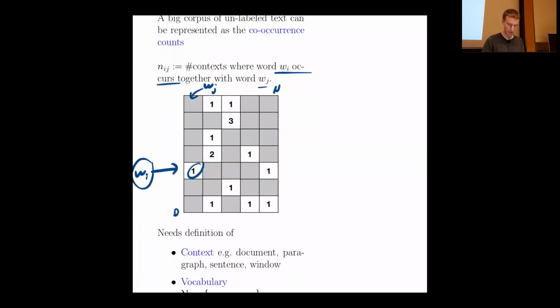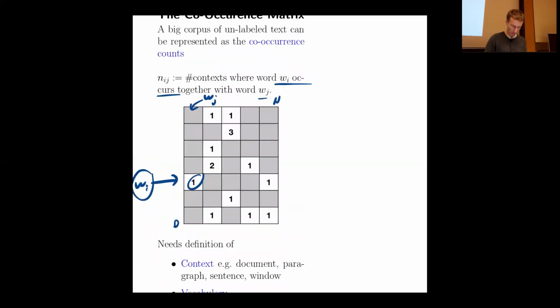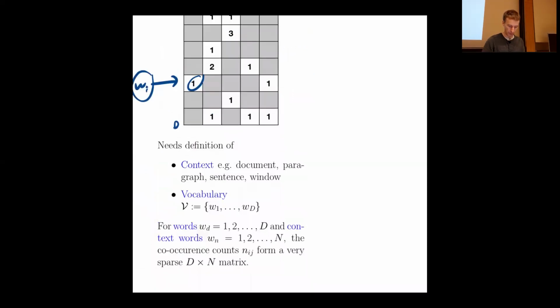So the ones that you care about how they occur with another word. Theoretically, you could have a different vocabulary for the context, so you could have a different number of columns than rows, but in reality, they are equal.